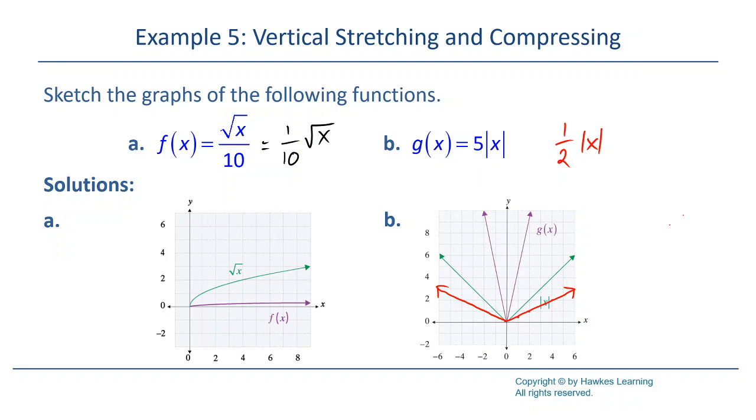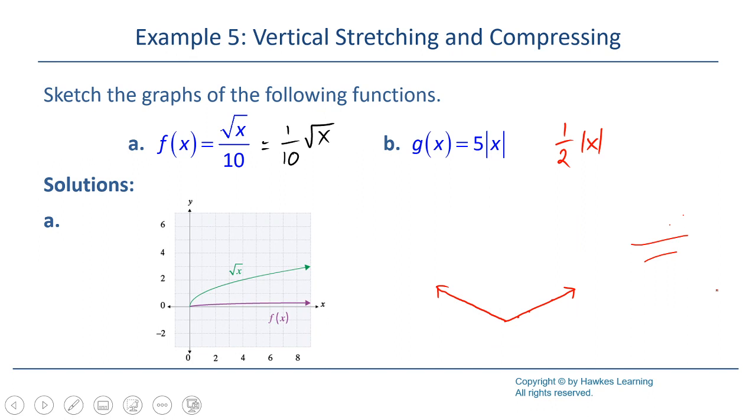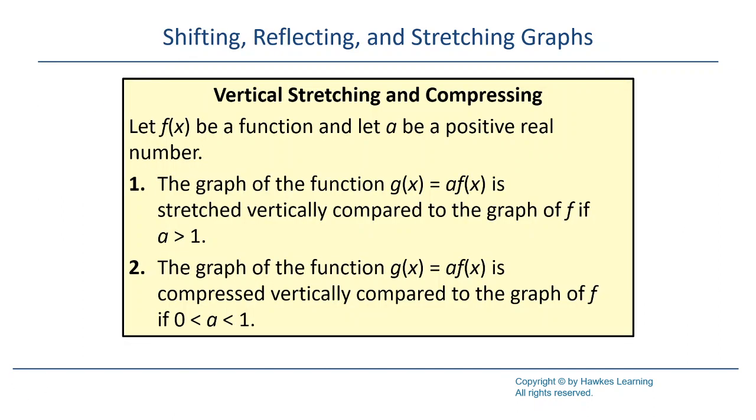Oh, cool, I can't scroll backwards now. It's just going to let me write on it. All right, so vertical stretching and compressing are something that we kind of talked about beforehand. The key thing is it's vertical stretching, not horizontal. This is referring to going up and down versus left and right.